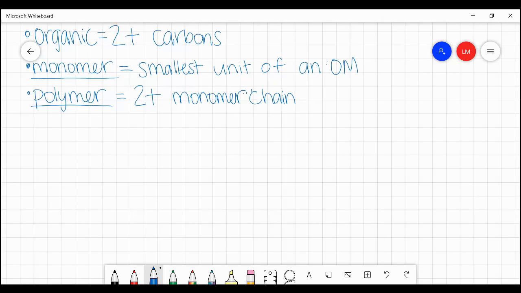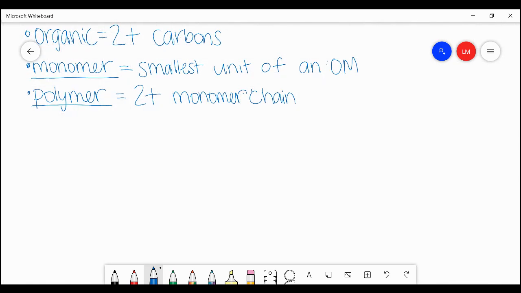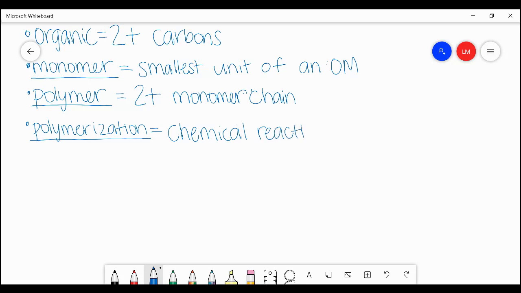Monomers are put together to form polymers in a process called polymerization. During polymerization, there is a chemical reaction that joins monomers.